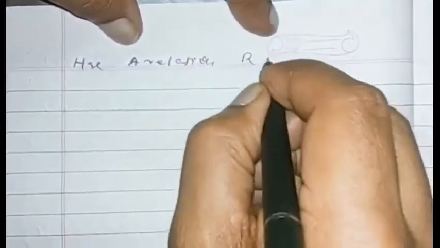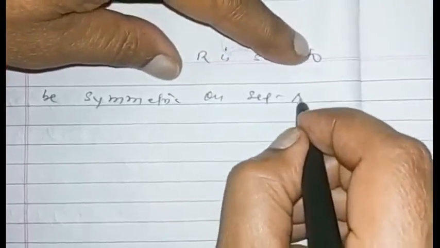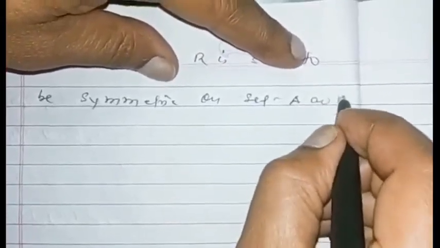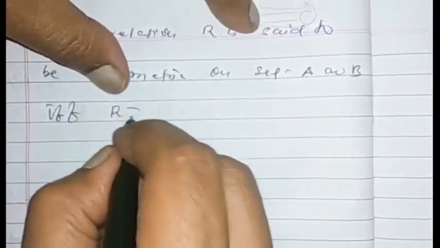Here one more point to be noted, that a relation R is said to be symmetric on set A if and only if R is equal to R inverse.